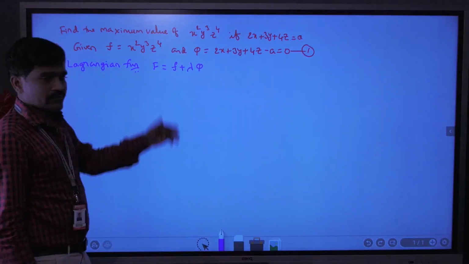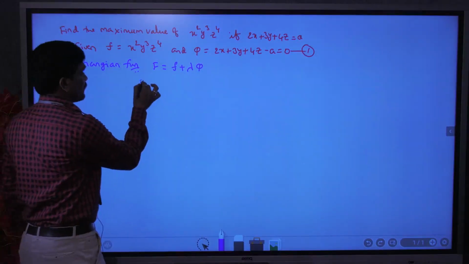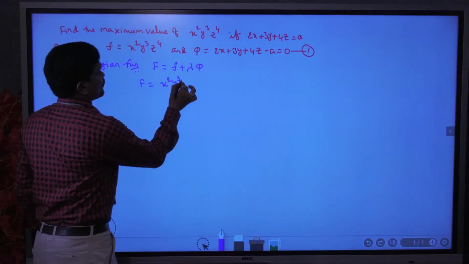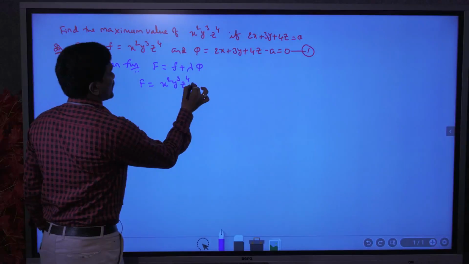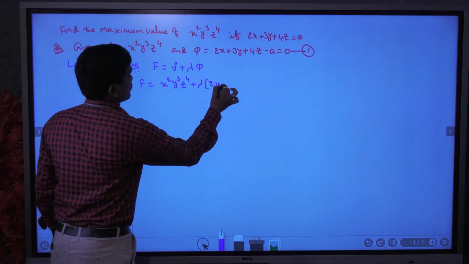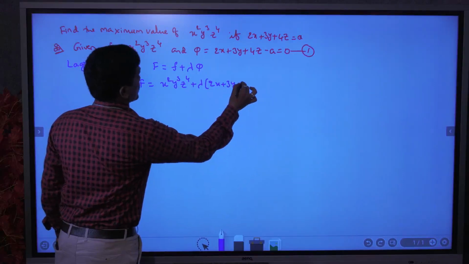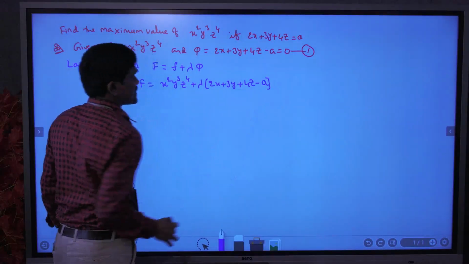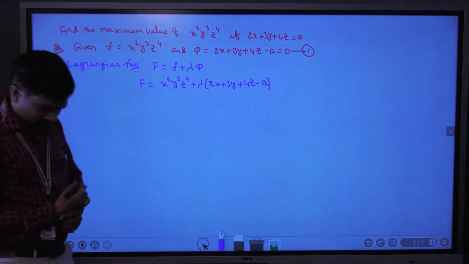What is f and phi? F is equal to x square y cube z power 4 plus lambda into 2x plus 3y plus 4z minus a. This is the Lagrangian function.